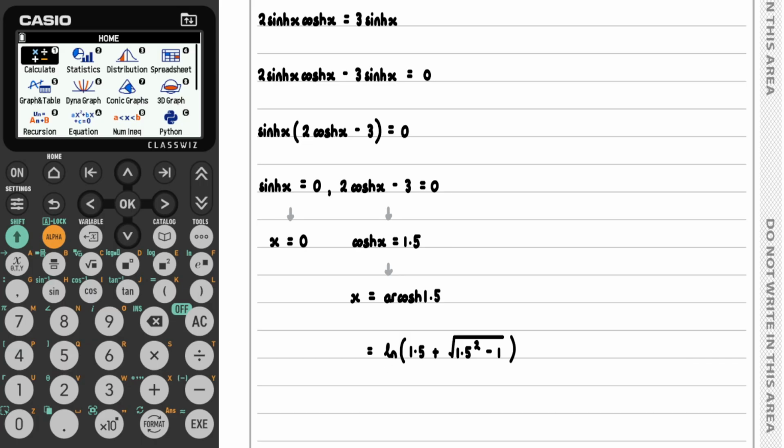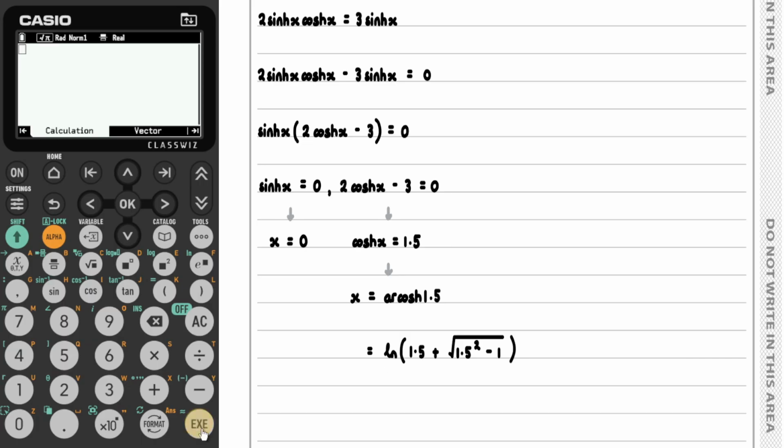Let's work this out. We have 1.5 plus the square root of 1.5 squared subtract 1, which is (3 plus root 5) over 2. So we end up with the natural log of (3 plus root 5) over 2.